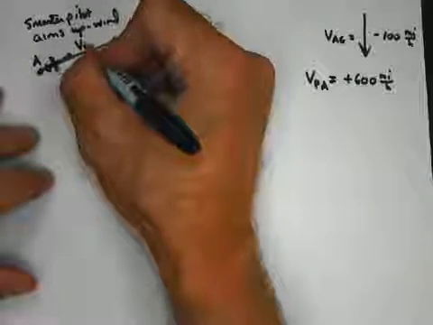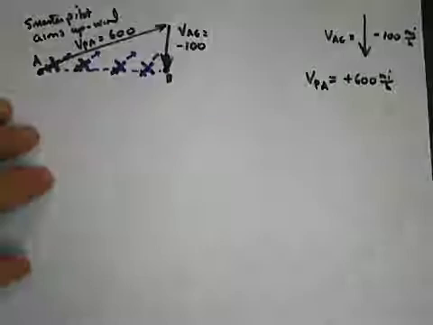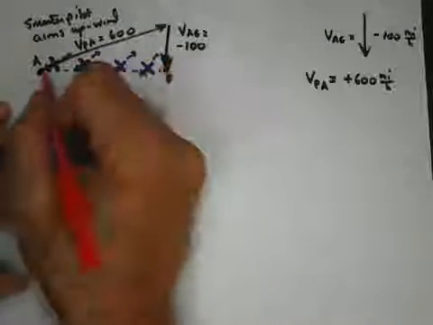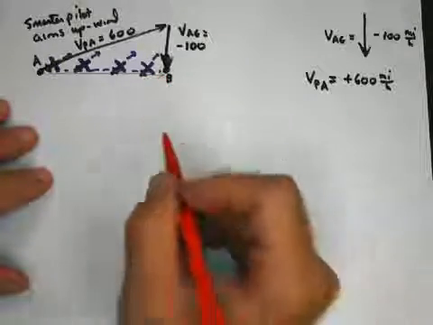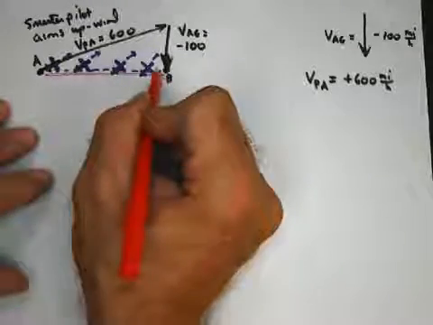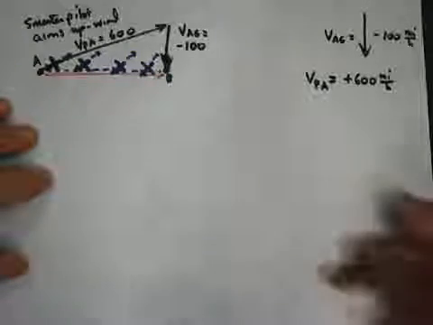And then this right here would be the resultant in this case. So here now we have the resultant in red. And the angle would be this angle here.